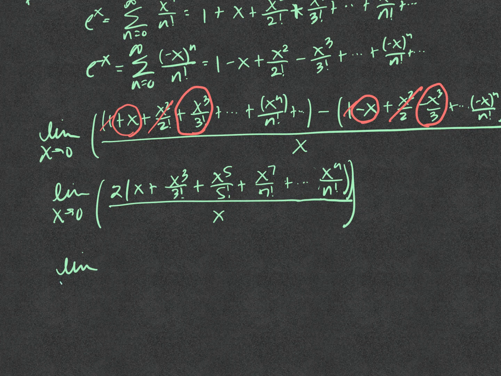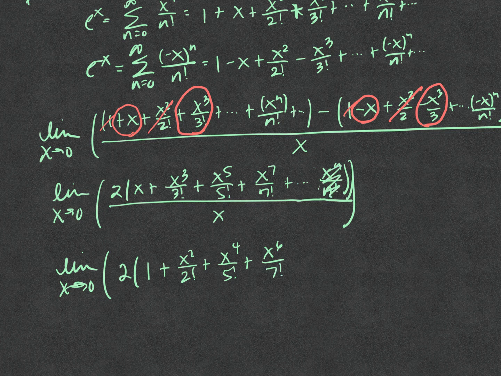So let's divide all of these terms by x. We're going to have 2 times x divided by x is 1. This becomes x squared over 3 factorial plus x to the 4th over 5 factorial plus x to the 6th over 7 factorial, plus dot dot dot.